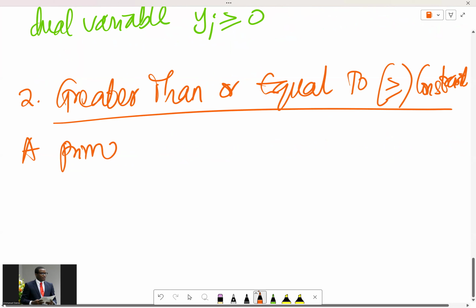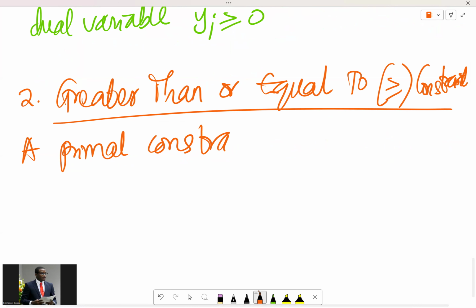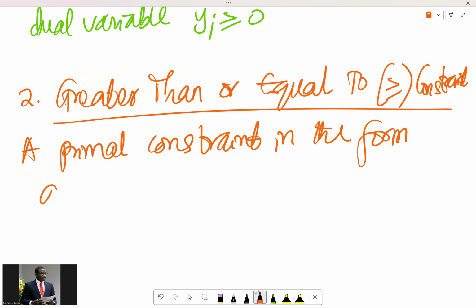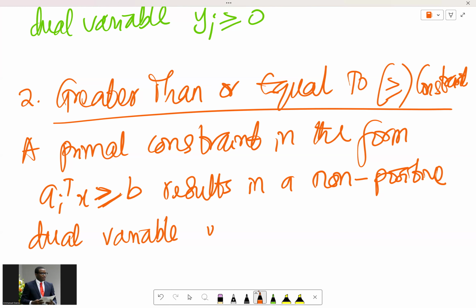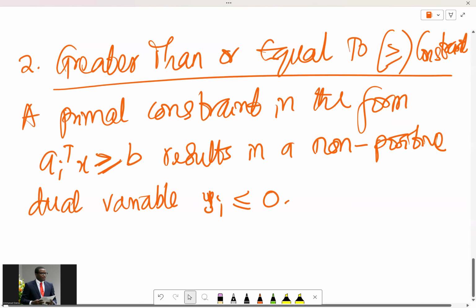We say that a primal constraint in the form AI transpose X greater than or equal to BI, where greater than or equal to is the focus now, results in a non-positive dual variable. Non-positive simply means that yi will be less than or equal to 0, so it will be 0 or negative. It doesn't go above 0, basically.